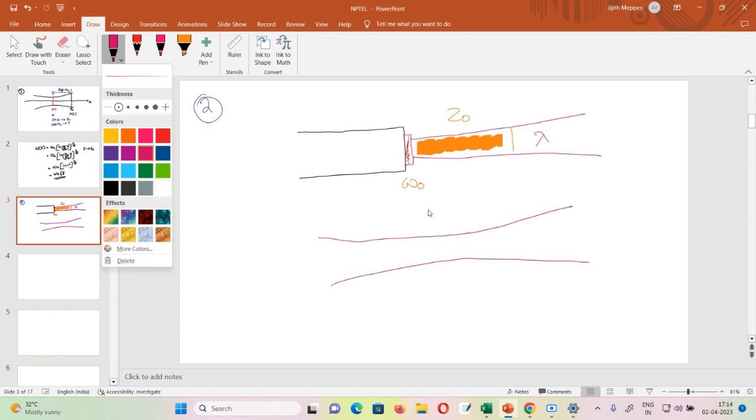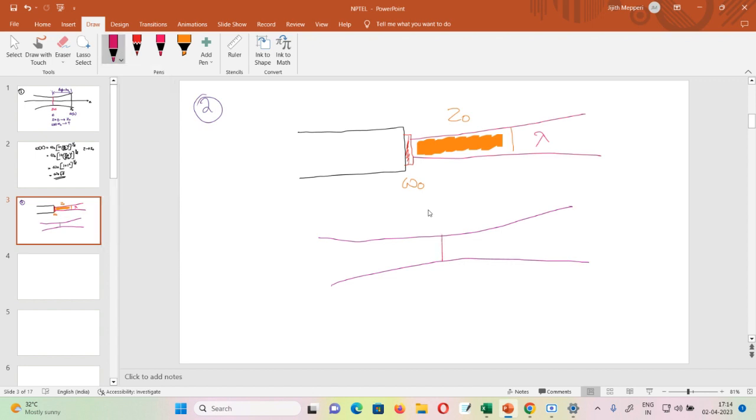This omega naught should be the same for this Gaussian beam, and the wavelength also should be the same. If you are calculating a Gaussian beam, this is like a laser beam having definite properties, like a practical laser beam having particular properties.